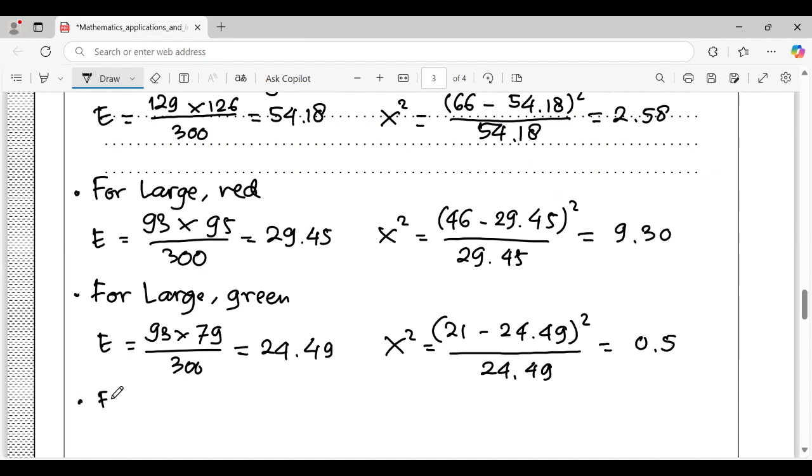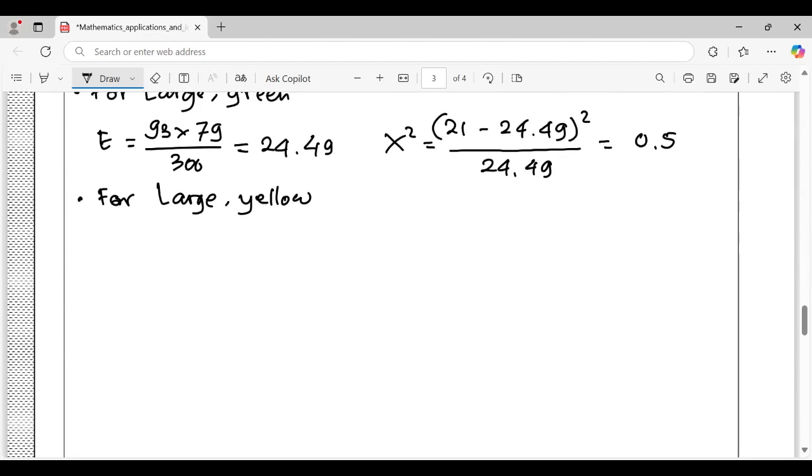Next, for large yellow, the expectation is 93 times 126 over 300, 39.06.